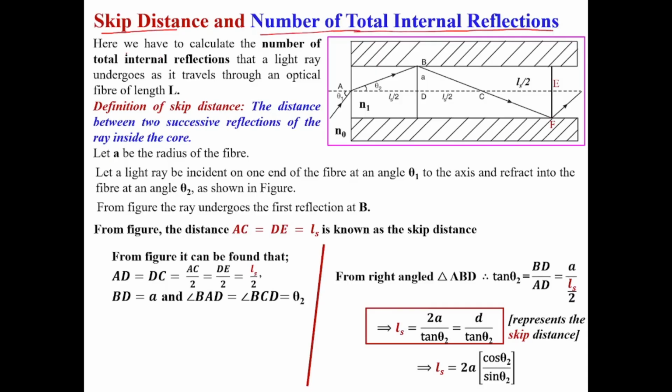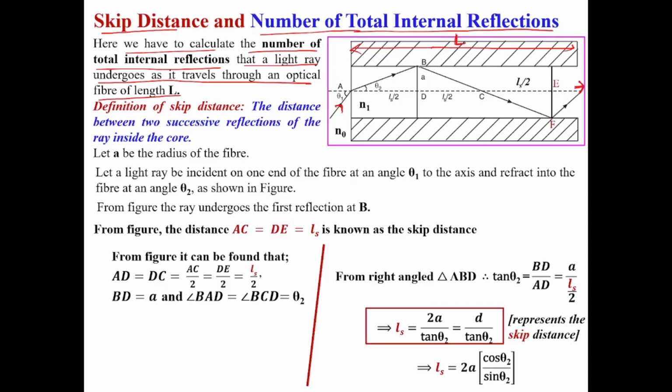Here, we have to calculate the number of total internal reflections that a light ray undergoes as it travels through an optical fiber of length L. Suppose this is the optical fiber and its total length is capital L. Light enters from this end and comes out from this end.